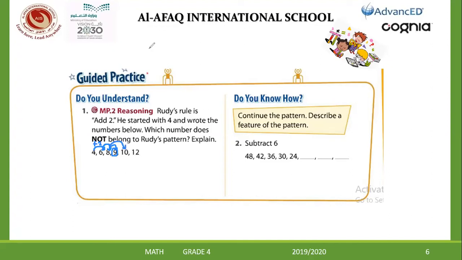So the number that doesn't belong to Rod's pattern is 9, because the rule is add 2. We can describe this rule: the rule is add 2.